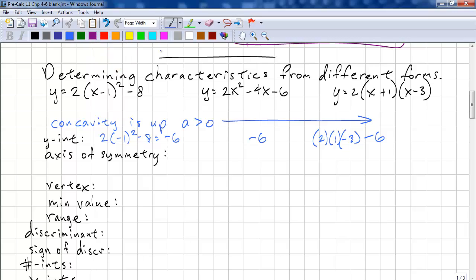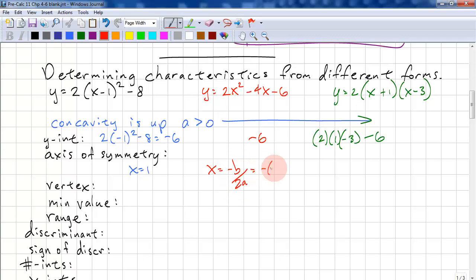Now for the axis of symmetry, I should fix up the colors here. Axis of symmetry. We can determine it from P, so x equals 1. We can calculate this from x equals minus b over 2a.